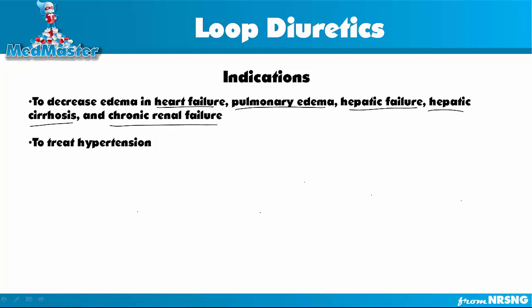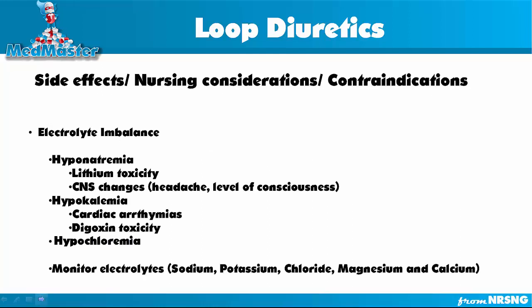This medication is also used to treat hypertension, especially furosemide, which we also call Lasix or water pill. Physicians use this particular drug quite often to treat hypertension as well. On the next slide, we're going to talk about the side effects, nursing consideration, and contraindication.